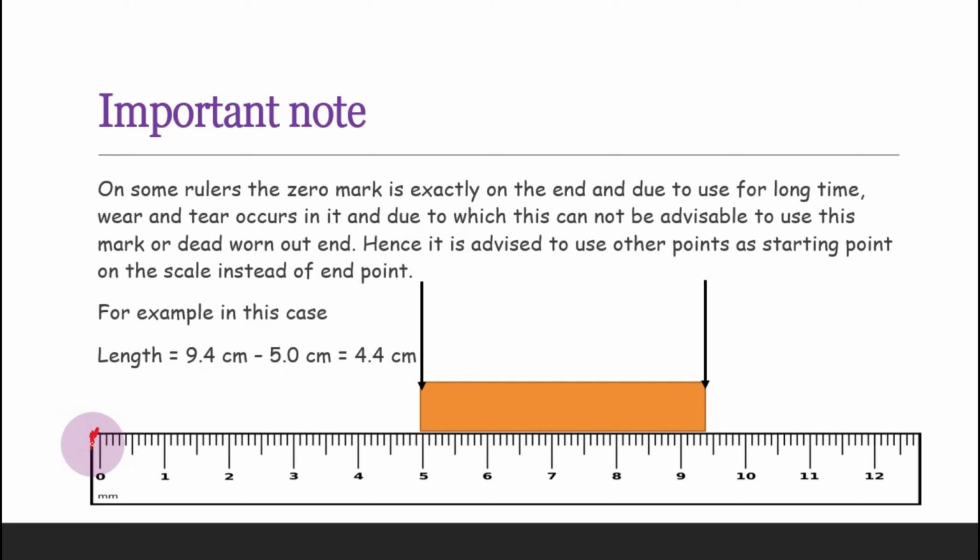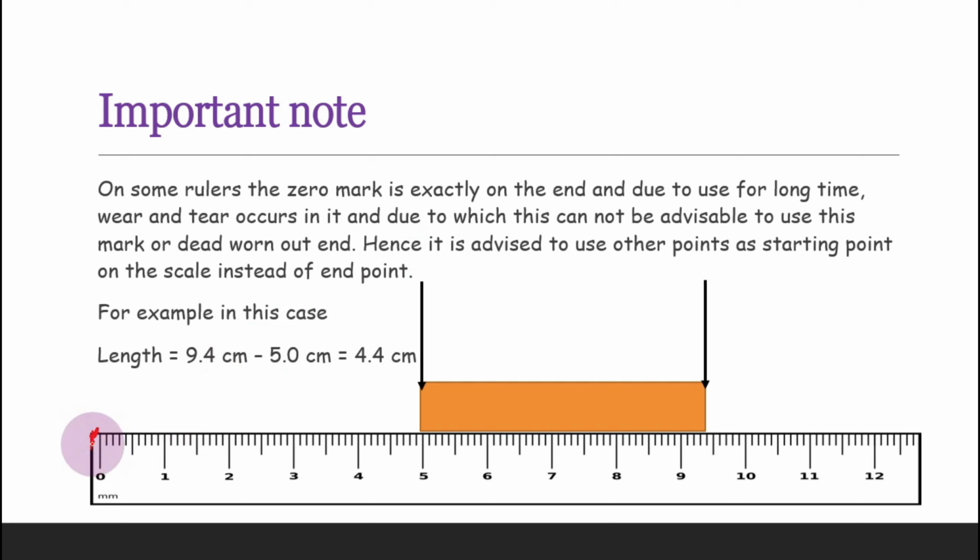For example, if I want to measure the length of the block, and the 0 mark is here, and I put the block over here and want to measure it, and this end is broken, then it will be difficult for me to measure the length of the block with the help of this wrong, dead end.